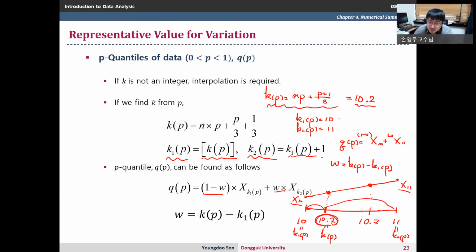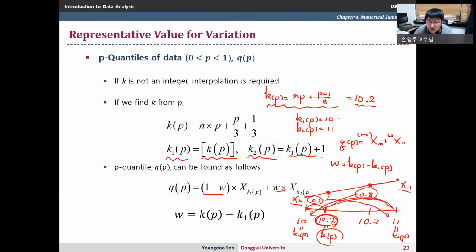For 10.2, the distance between 10 and 10.2 is 0.2, and the distance between K2P and Kp here is 0.8. So these distances are inverted.